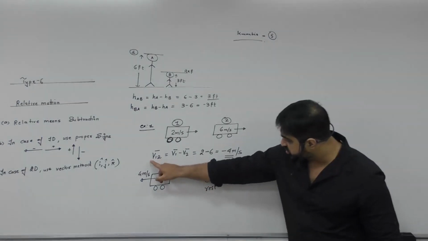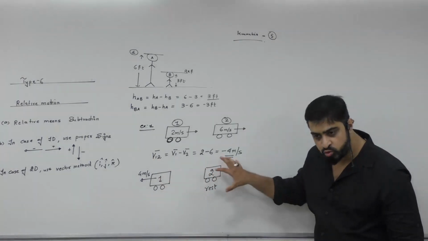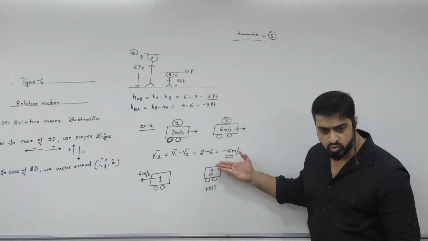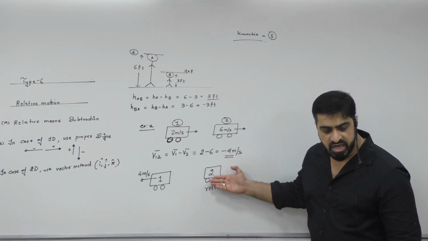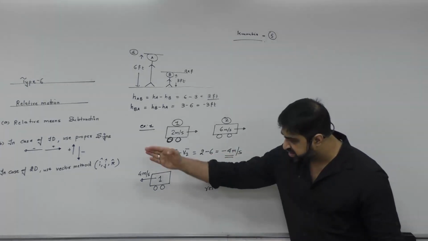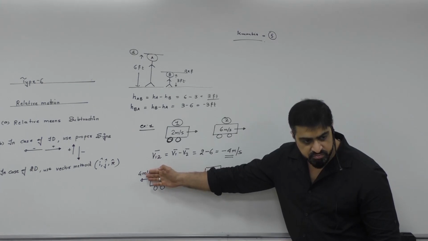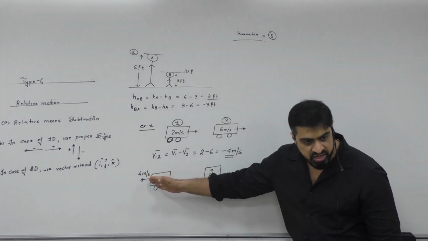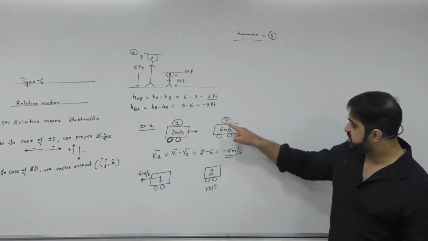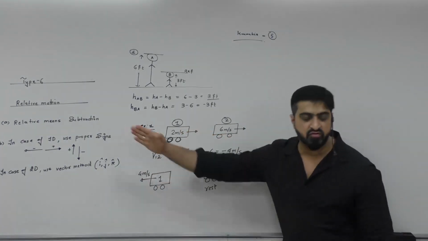That's why, velocity of 1 with respect to 2 means in your mind you stop 2. This all is happening in your mind. In your mind you will stop 2 and you will see that 1 is going where. So 1 will go with minus 4. Minus means that direction. 1 is going in that direction with a speed of 4 meter per second according to 2. Actually they were moving this way. But when he looks at him, he is appearing to go back with 4 meters per second.